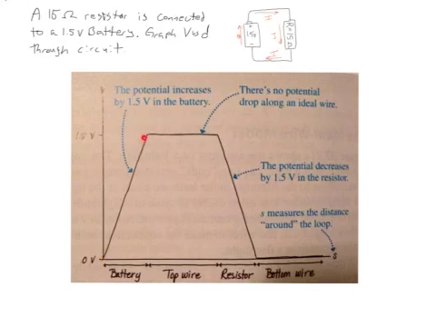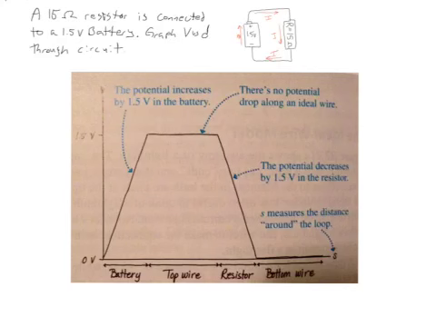So it has to increase as we go toward our resistor. There's no potential drop along the ideal wire, so the potential difference increases in the battery to 1.5 volts. No potential drop along the wire. It decreases by 1.5 volts in the resistor and becomes 0 again as we come back to the negative terminal.